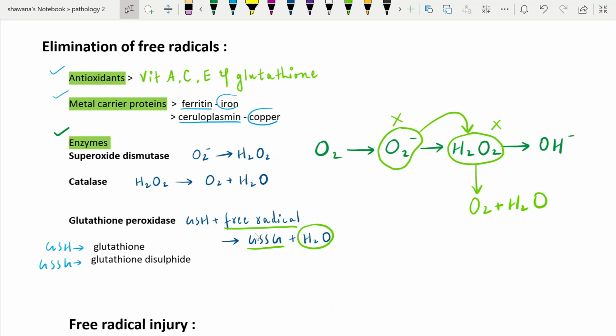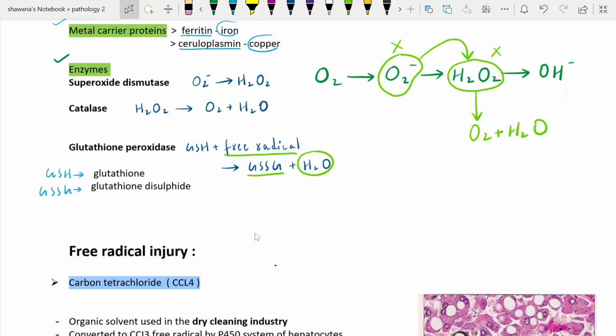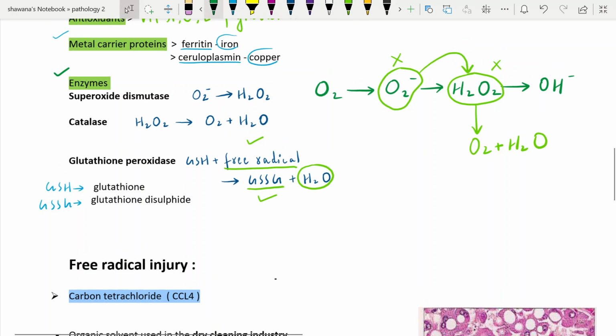Glutathione peroxidase combines with the free radical, converts it into glutathione disulfide and water. So this reaction is a main theme, acted on by several enzymes in this series, and can convert into water and oxygen and hydrogen peroxide.